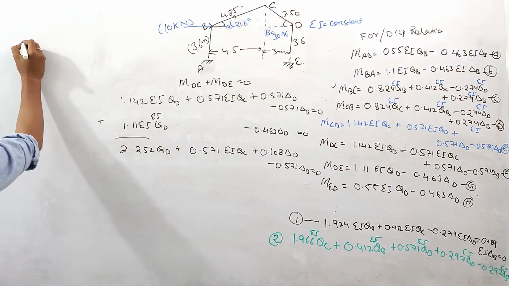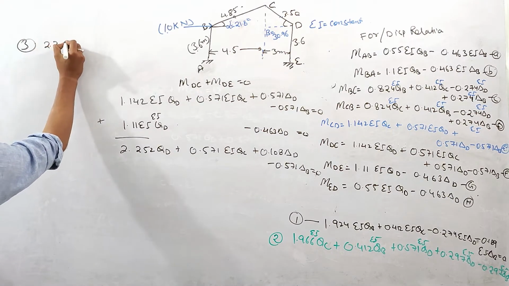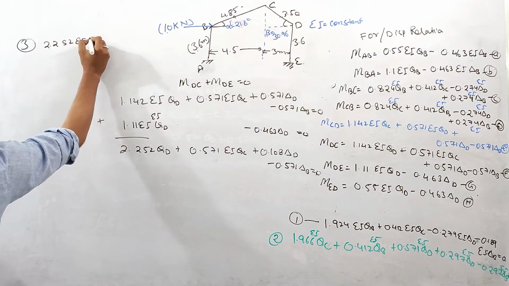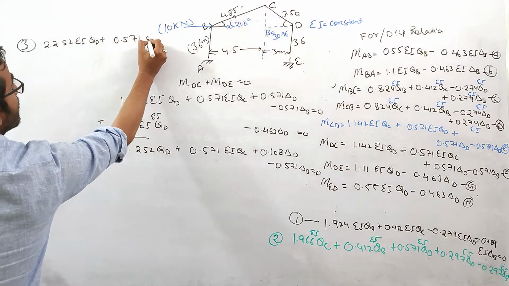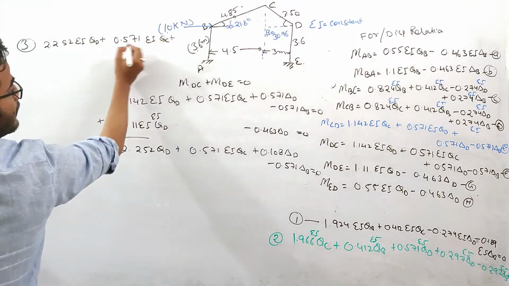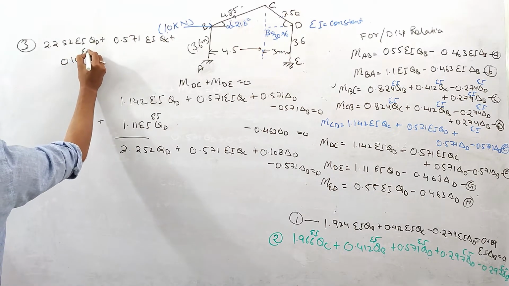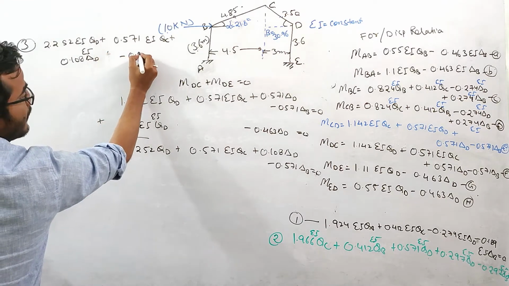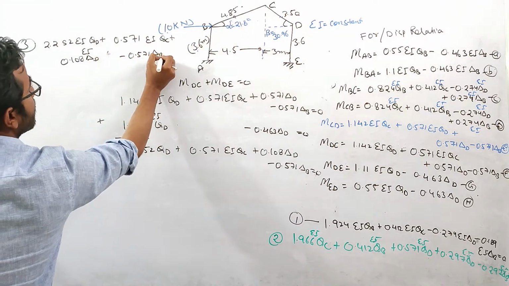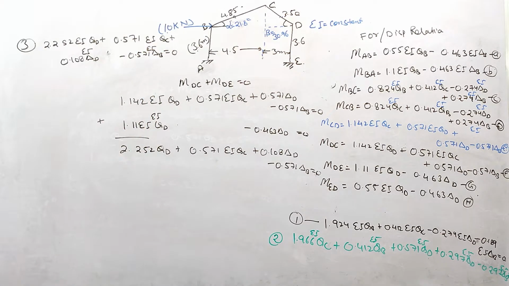So equation number 3 I'll write over here: 2.252 EI theta D plus 0.571 EI theta C plus 0.108 delta D minus 0.571 delta B equals to 0. So this is equation number 3.